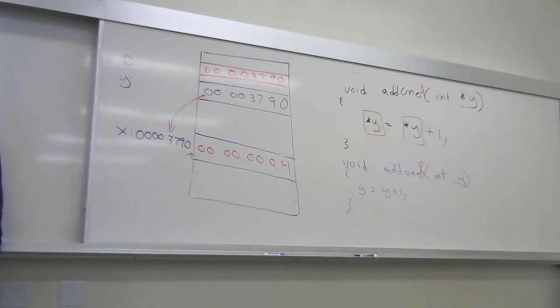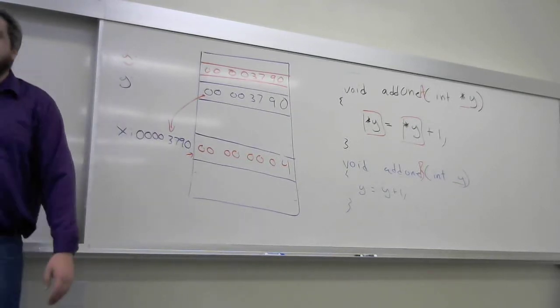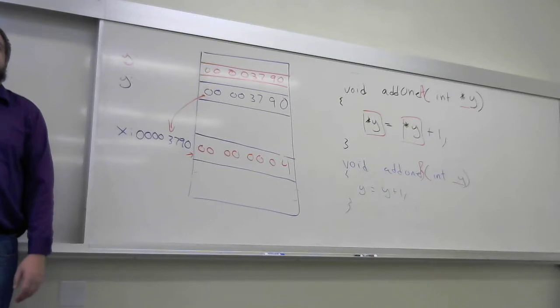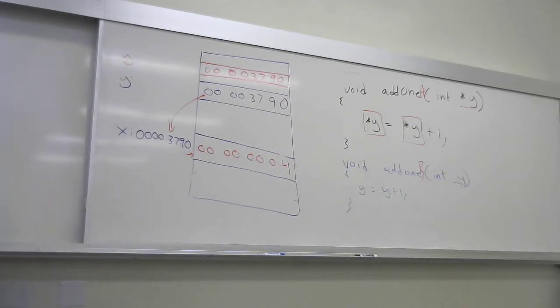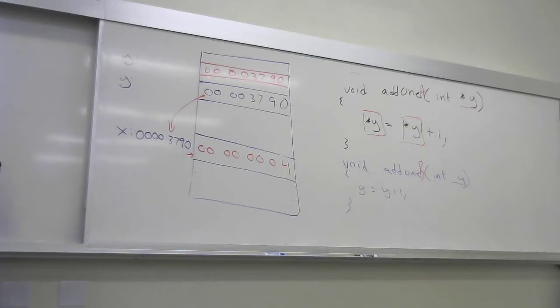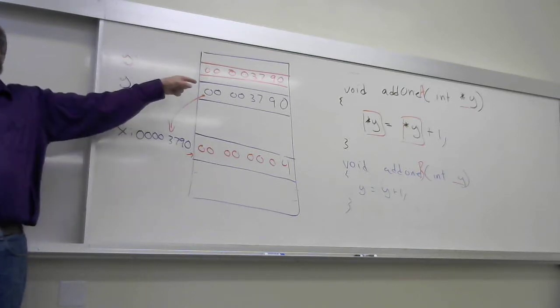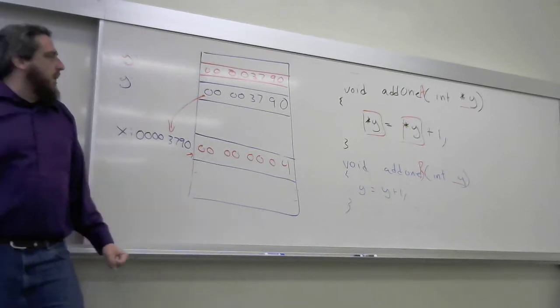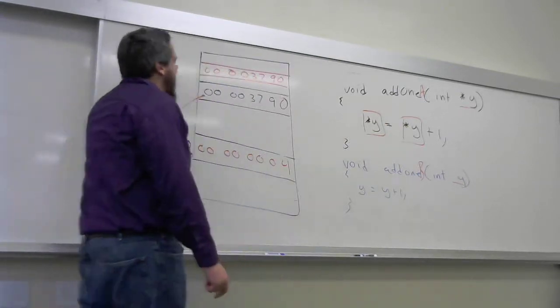Scope. How do we define scope in C here? The curly braces. We have these curly braces in main. That means that when I declare this Y here, this is the scope. When I refer to the name Y over here, I'm referring to that location. When I refer to the Y over here, I'm referring to this location over here.